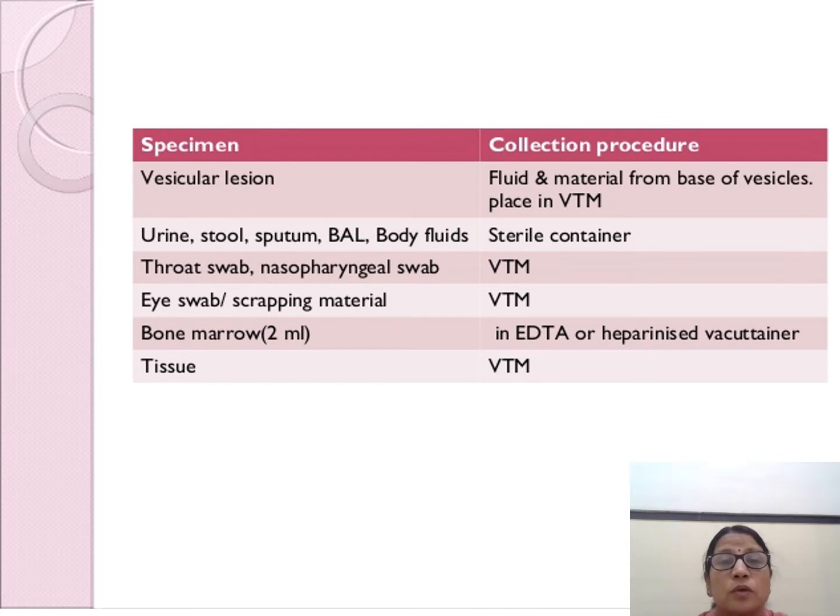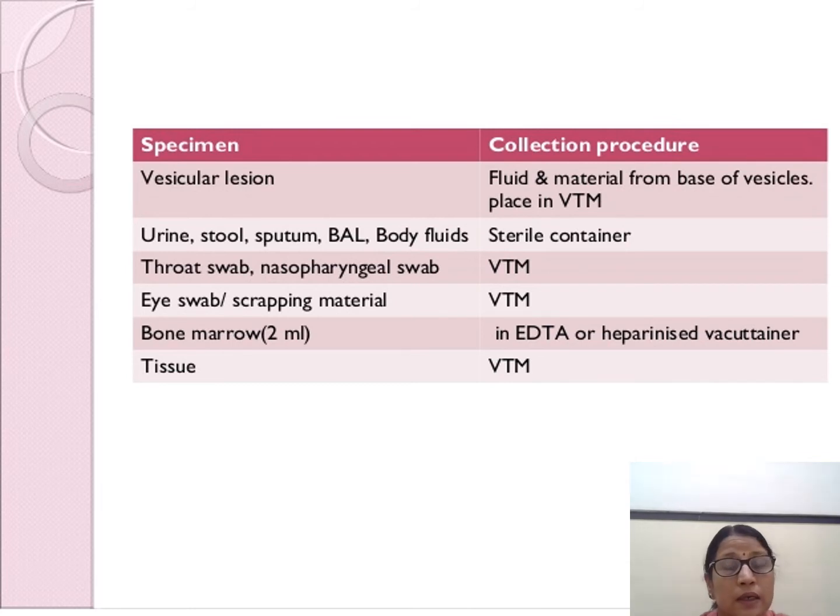Then urine, stool, sputum, bronchoalveolar lavage, body fluids, if they are to be collected, they should be sent in a sterile container. If we are taking swabs, throat swab, nasopharyngeal swab, as we are taking it for diagnosis of corona, then they have to be transported to the laboratory in VTM, viral transport media.